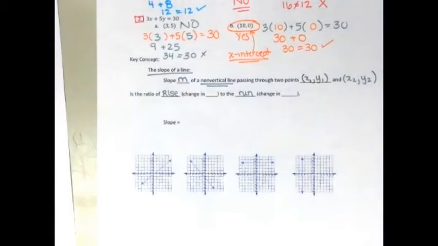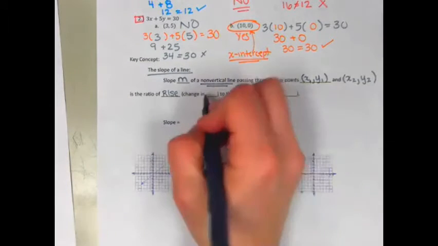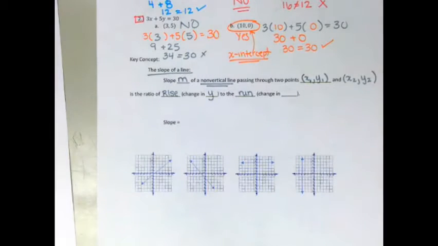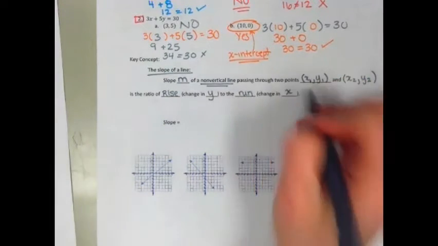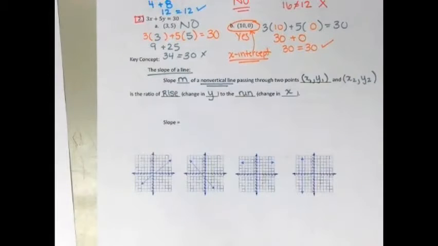Rise is the change in what values? The y. And the run is the change in the x values. Remember, you have to rise before you can actually run, right? If I ask you to go run and you're laying down, don't you have to rise before you can actually run? Yeah, so you need to rise before you can run, okay?